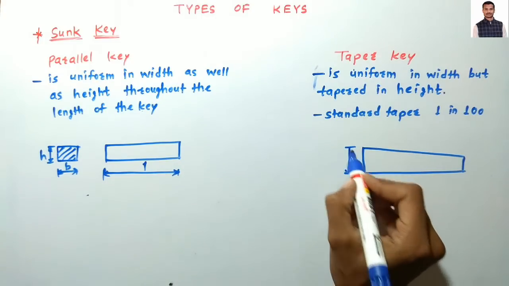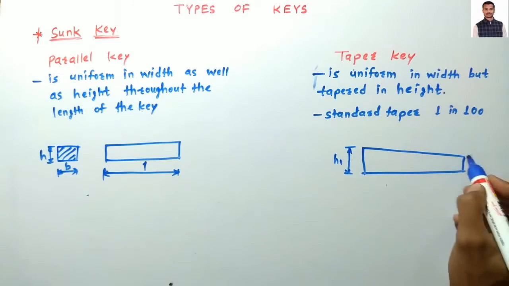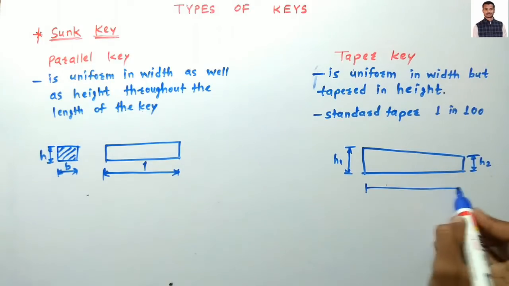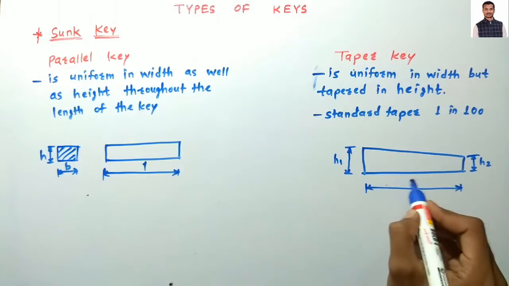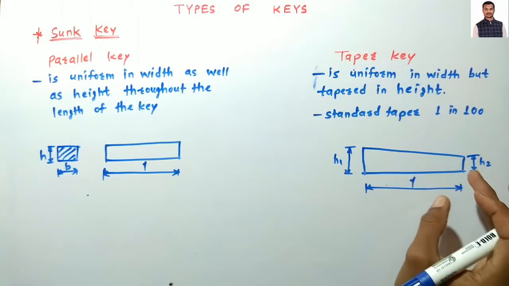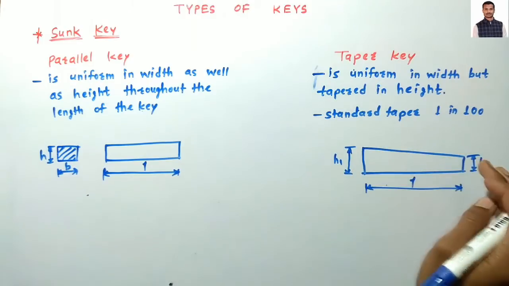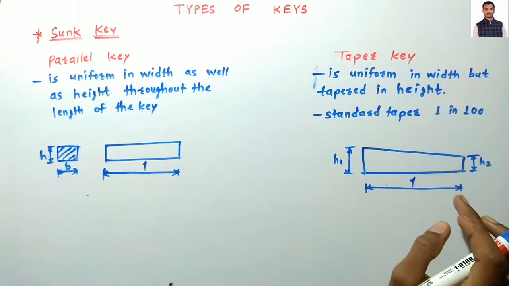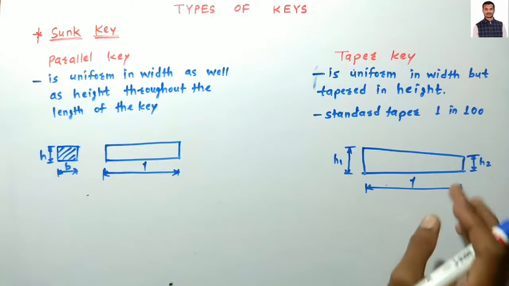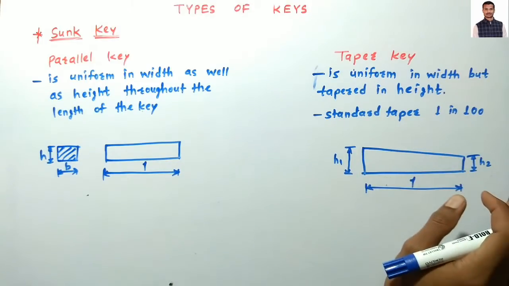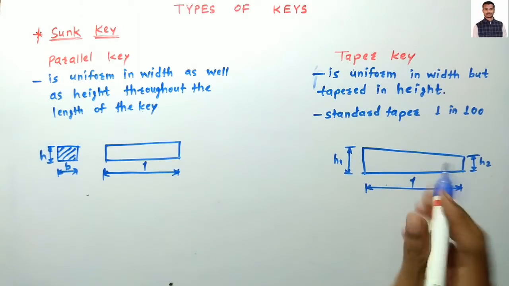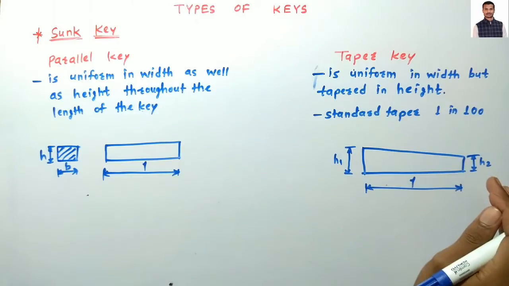So here height is h1 and here height is h2 and the length is L. So it is tapered on one side and from one side it is uniform. The standard taper is 1 in 100. Now the bottom surface of the key is straight and the top surface is given a taper.